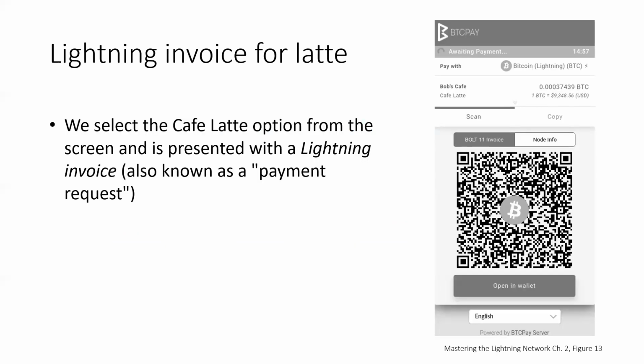So Alice selects the cafe latte option and is presented with a Lightning invoice, also known as a payment request. So we've got the QR code, we've got the amount of Bitcoins that the particular product costs, and then you need to open this in your wallet.